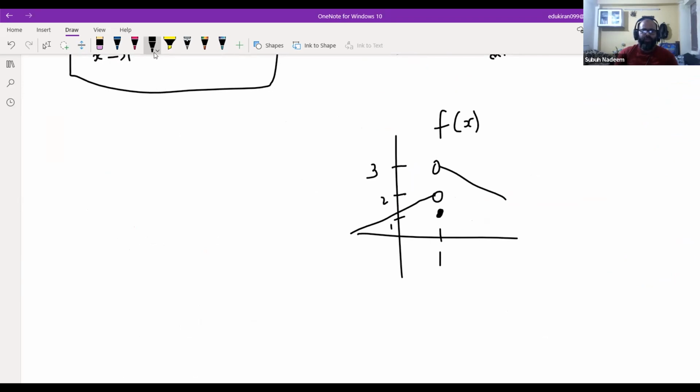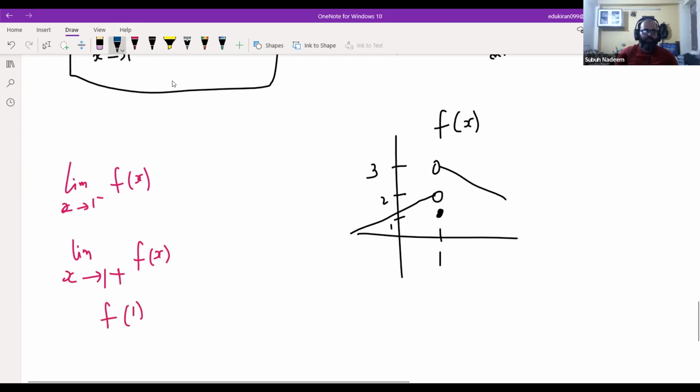All these values are given. Now, three things are asked from you: limit x tending towards 1, f(x), when 1 is approached from the left; when 1 is approached from the right; and the value of the function at 1. So you have to find these outputs.